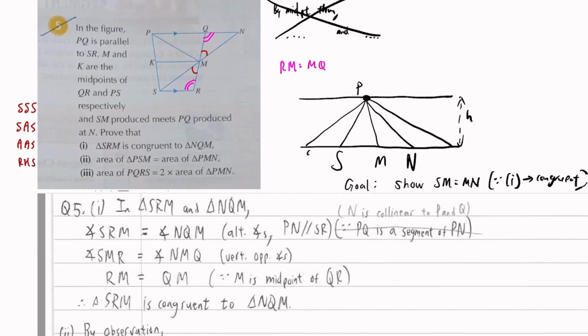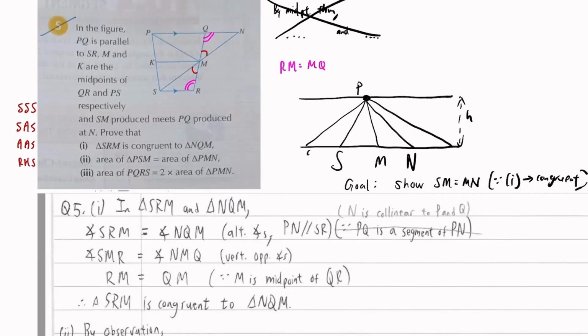So which is bigger, PQRS or PMN? PQRS. Okay, PQRS is bigger.